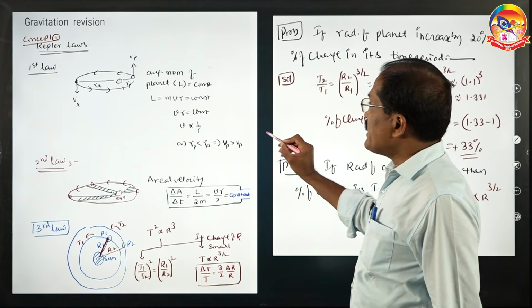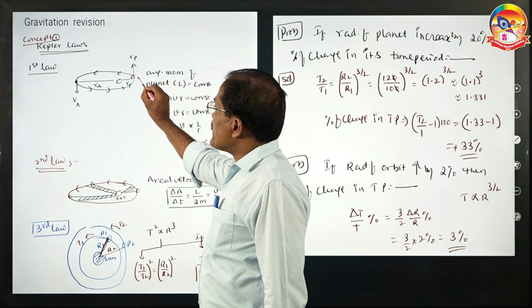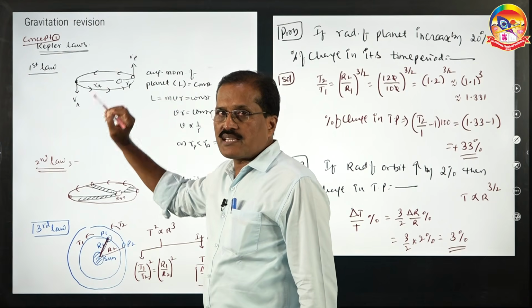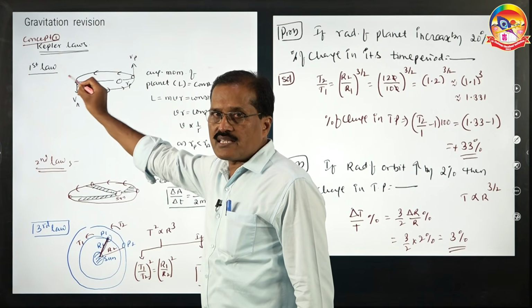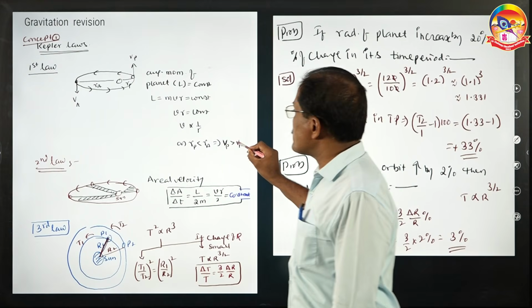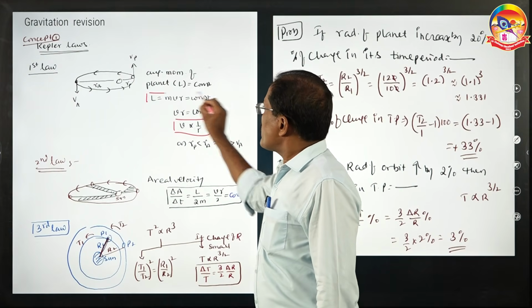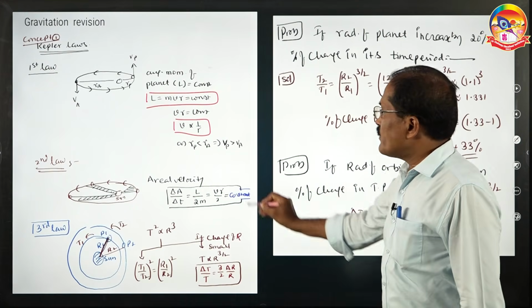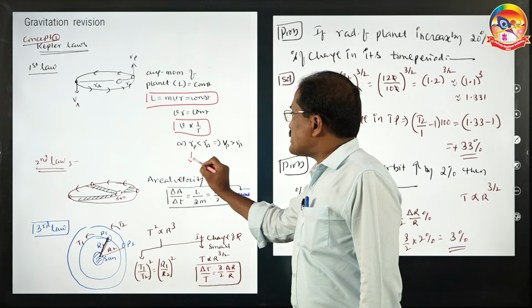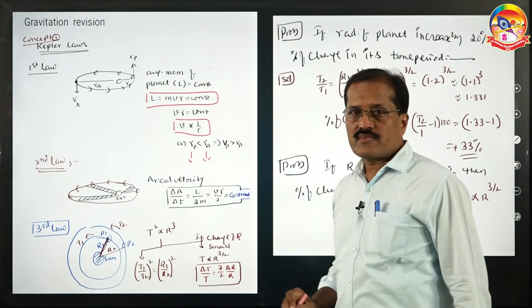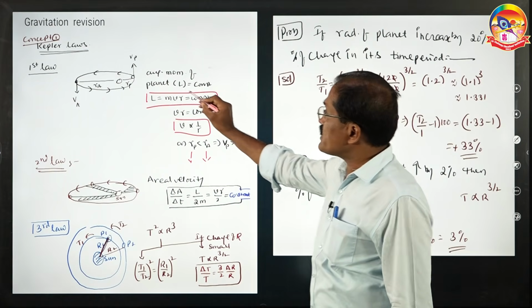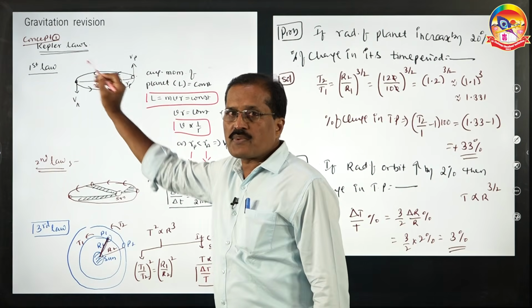Sometimes the planet is closer to the sun, sometimes far from the sun, and as distance changes, speed also changes. v is inversely proportional to r, and angular momentum remains constant. The closest point is called perihelion, and the farthest point is called aphelion.